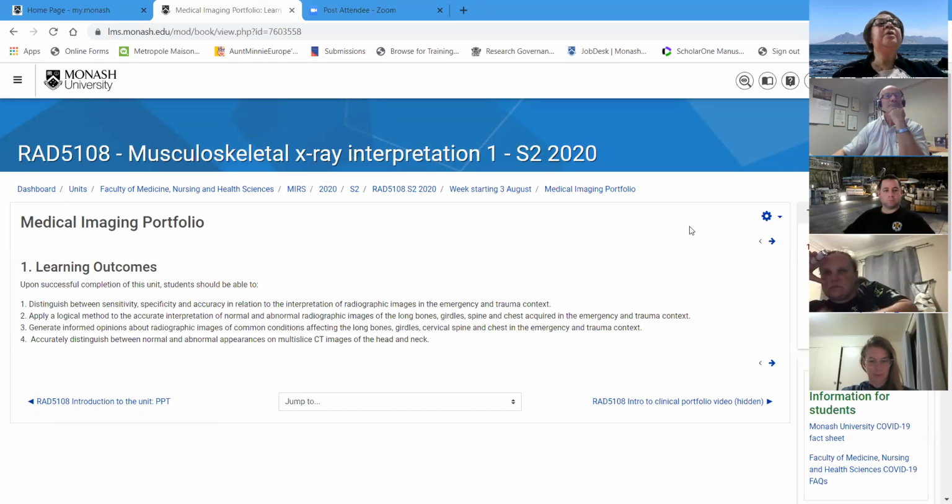So in the Moodle book, we have got the learning outcomes, and you will see that here we again address the statistics around how good you are at discriminating whether images are normal or abnormal, and then of course writing your own comments and comparing that to that of a radiologist.